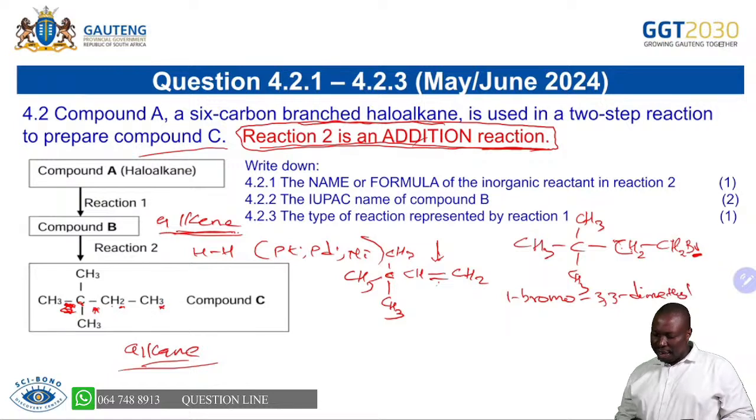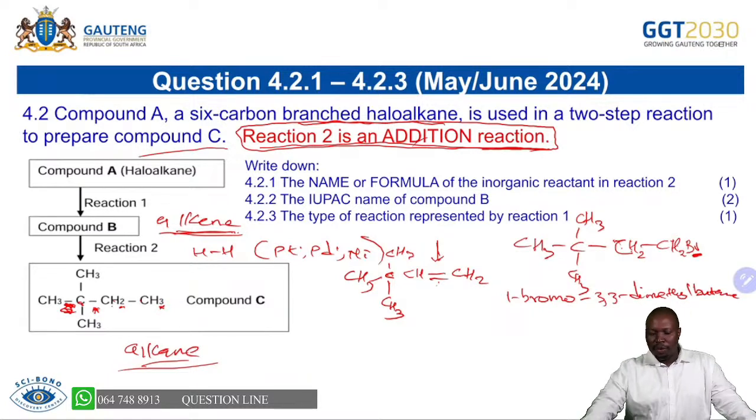So this is the structure: 1-bromo-3,3-dimethyl. Then how many carbons? We said we have 1, 2, 3, 4, so it's butane.